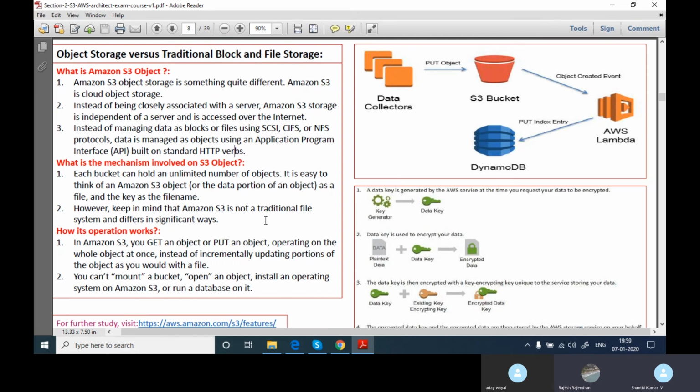If I want to see it from a Linux instance, I can see it only as a folder. I don't have to see it as a mount point or anything like that. There is no mount point for the front end user. It works like a serverless concept.